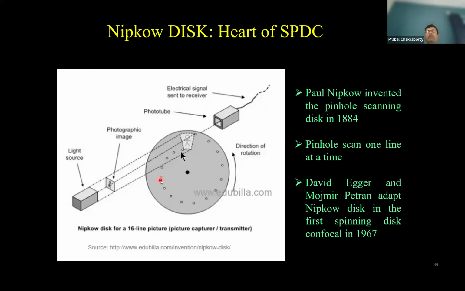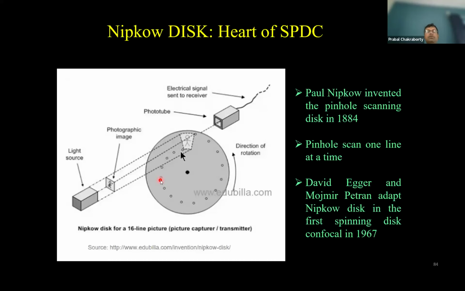Now, with the modern day spinning disk, the rotation speed can go up to 15,000 RPM. So you can understand, we can capture even at microsecond exposure time. And for a spinning disk, we are generally using a camera for high sensitivity.